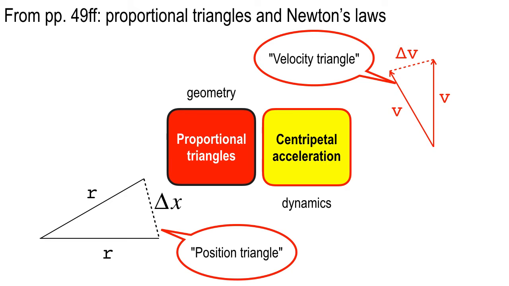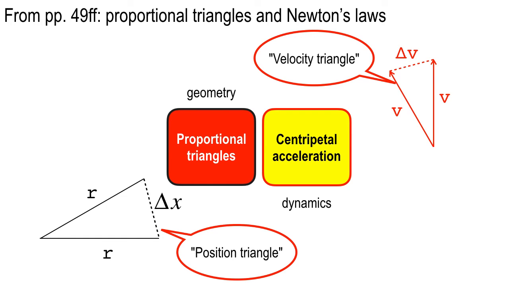The base of that one is just the line segment between the ends of each radius. Then the velocity triangle up here shows the two velocity states at different points. If you've read that part of chapter 3, you'll know what I'm talking about.